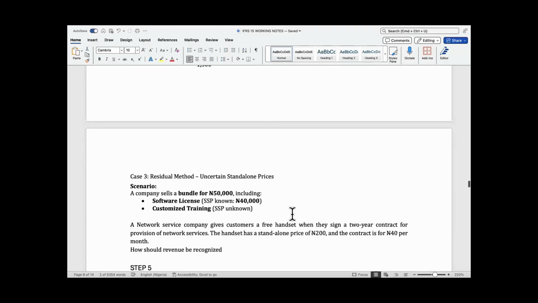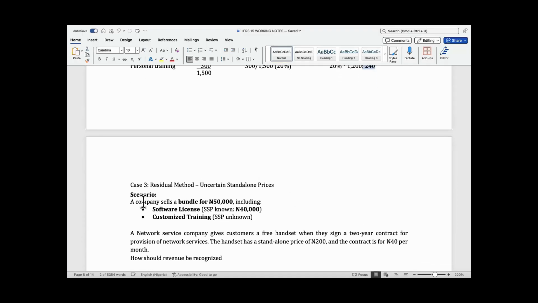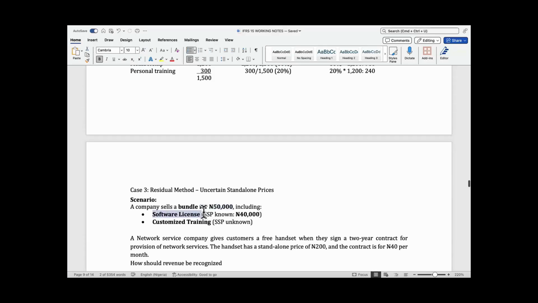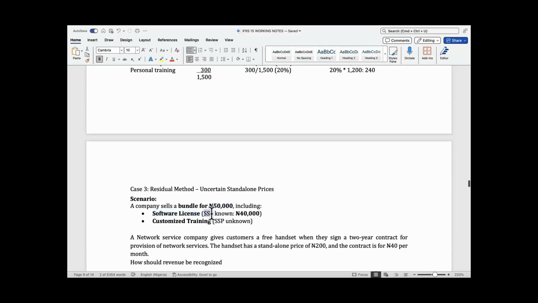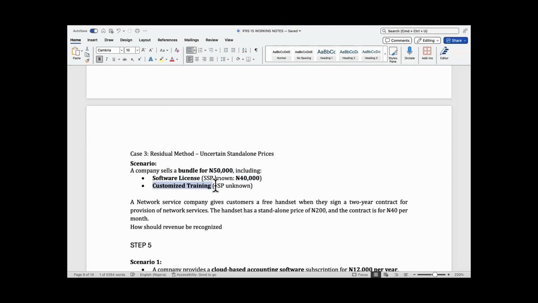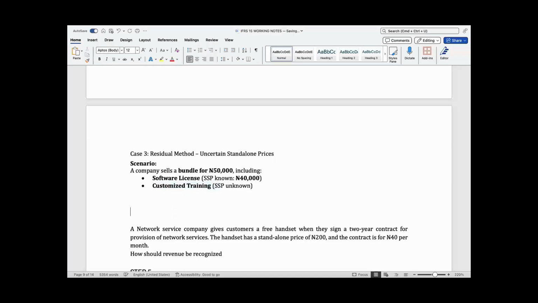Let's look at another example. So this says that a company sells a bundle for 50,000, including software license. SSP, meaning standalone selling price, is 40K. For the customized training, they say they don't know the standalone selling price.